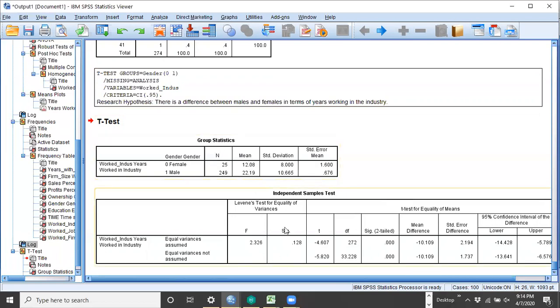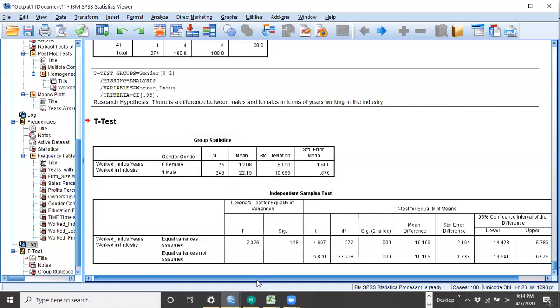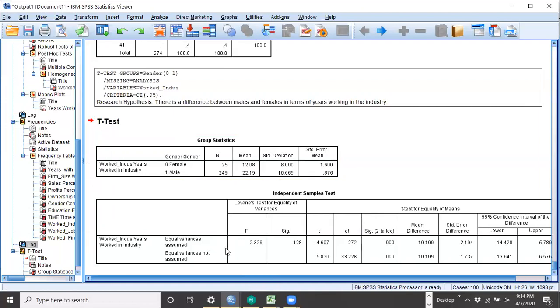So before we can draw any conclusion based on this data, we have to make sure that we are not violating the assumption for the t-test. The assumption for the t-test is that there's a homogeneity of variance. In other words, the variances on this outcome variable for each group can be considered equal.